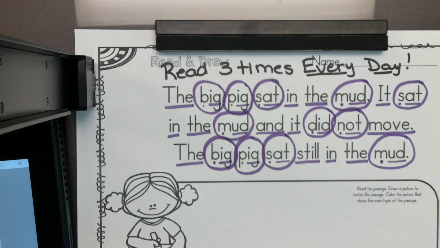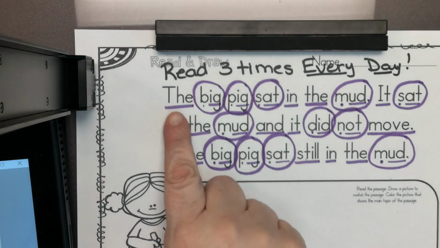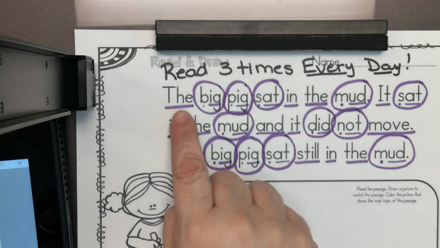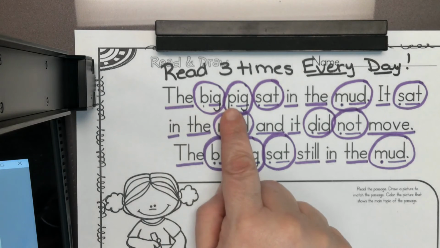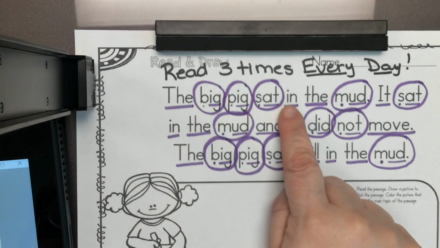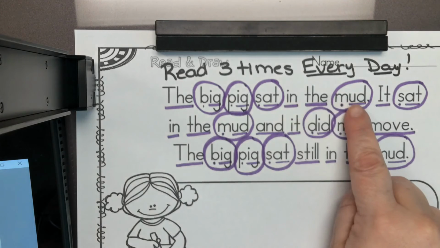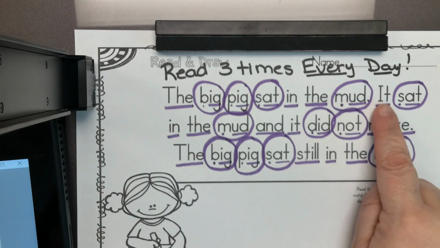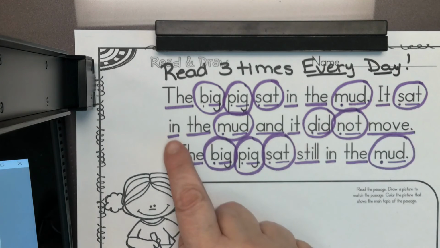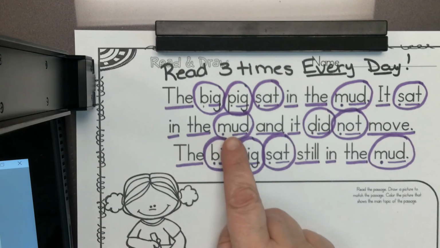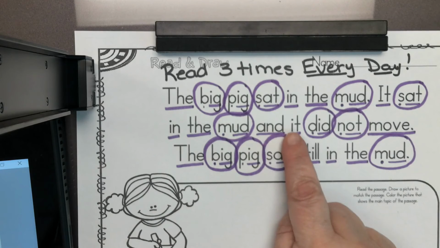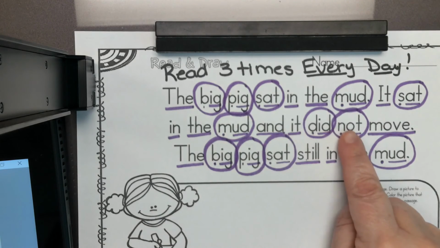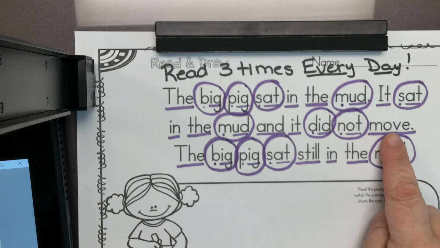This time I want to try to go just a little faster. Ready? The big pig sat in the mud. It sat in the mud and it did not move.